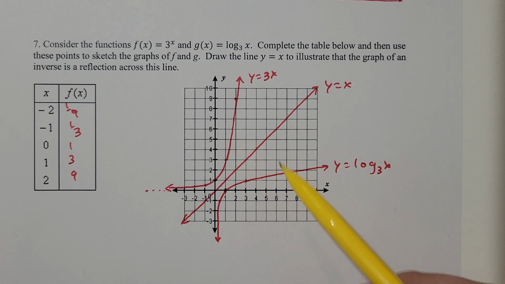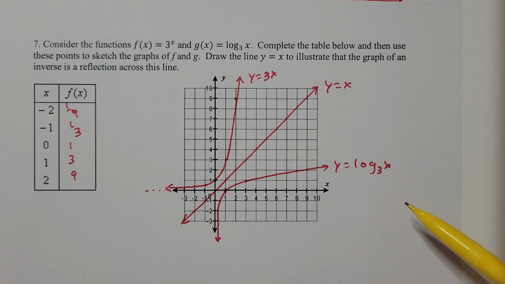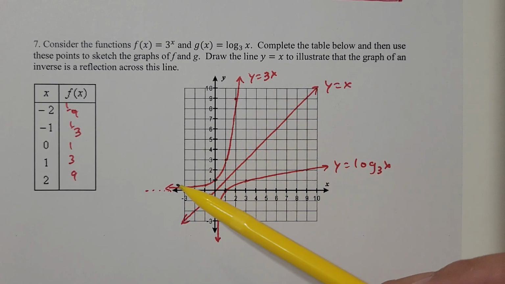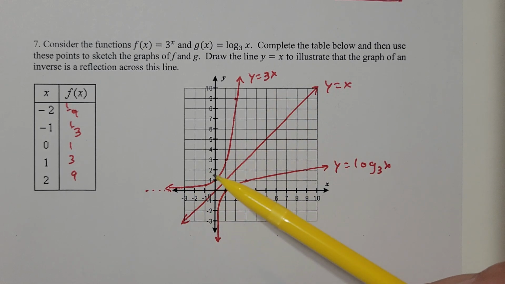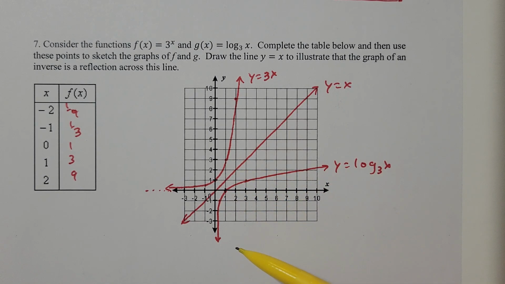Okay, by doing that, I end up getting the graph of this logarithm here. Okay, and that would be how you graph any logarithm. You're going to have to first know the corresponding exponential, and then flip all the coordinates, and then plot those new points to get the graph of the logarithm there.